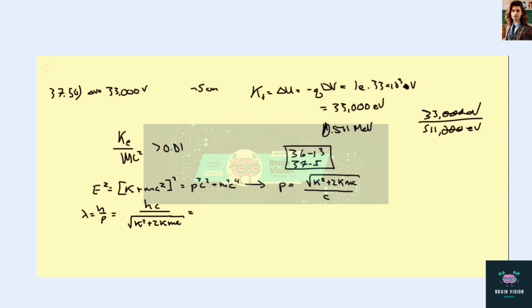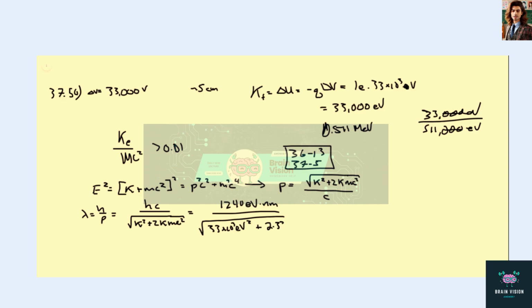Cool. So let's plug this in. So this is 1240 eV nanometers, our little handy shortcut for HC. And now we have the square root of 33 times 10 to the 3 electron volts squared plus, sorry, this is MC squared down here. I missed that somewhere.